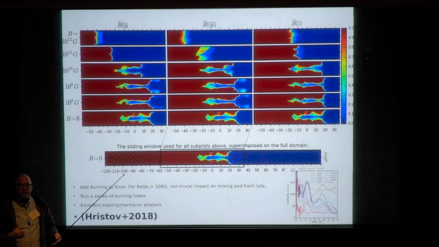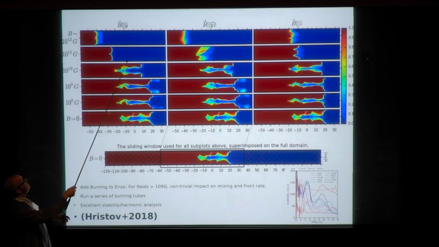If you do stability analysis on the Rayleigh-Taylor instability, this is out of Chandrasekhar's book on hydrodynamic and hydromagnetic stability, where he goes through Rayleigh-Taylor with various field geometries. So this is just where the field is suppressed.